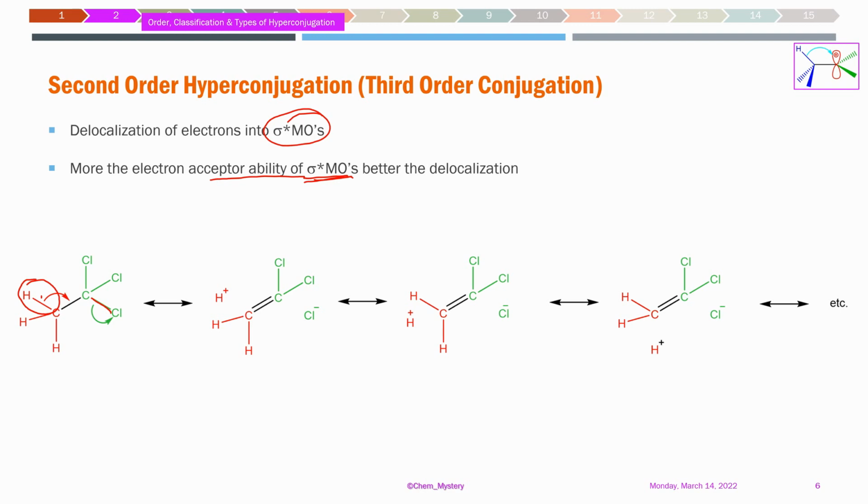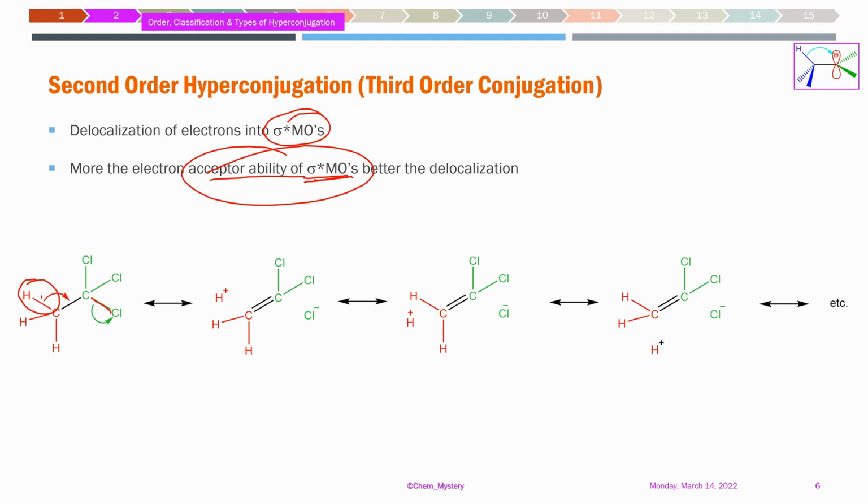The electron acceptor ability of the sigma star molecular orbital is going to be much better over here in the carbon chlorine bond, and the carbon hydrogen bond will have relatively electron donor ability. The first one is going to be the electron donor, and this one is going to be the electron acceptor.